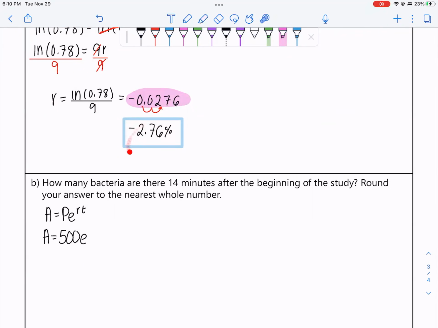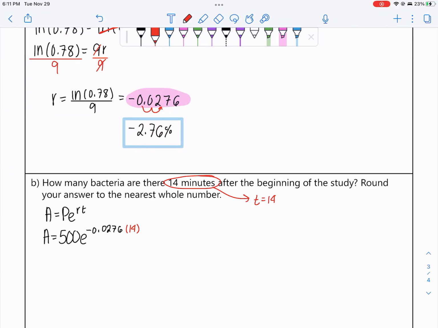This is it as a percentage, but we're not looking for the percentage. We're looking for the decimal when we use the formula. So this is negative 0.0276, and then t. In our case, we want to know after 14 minutes, so t is equal to 14. How many are there?